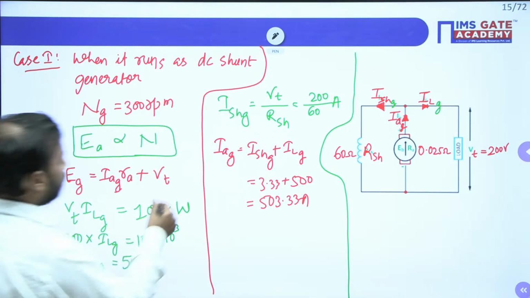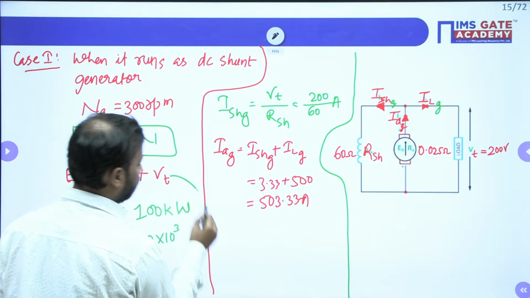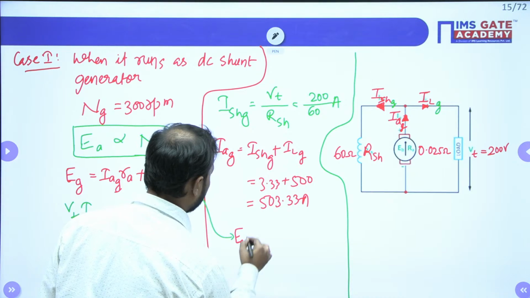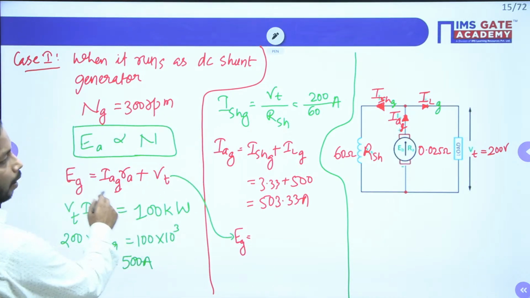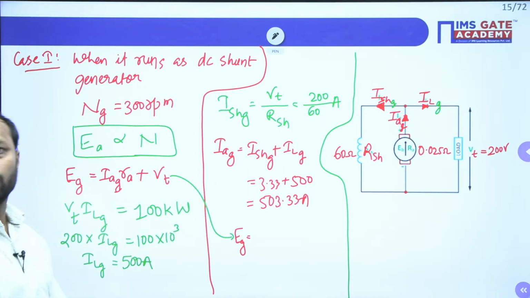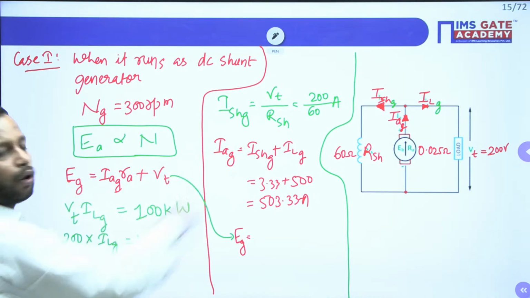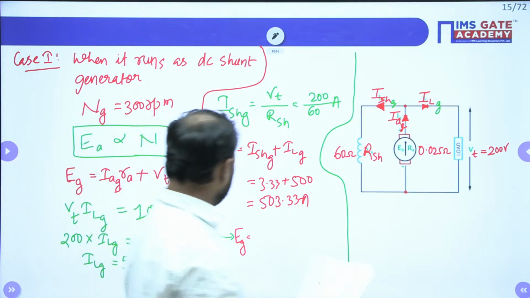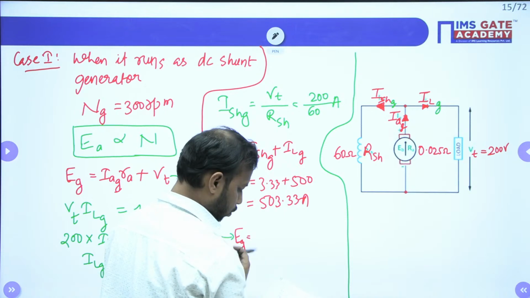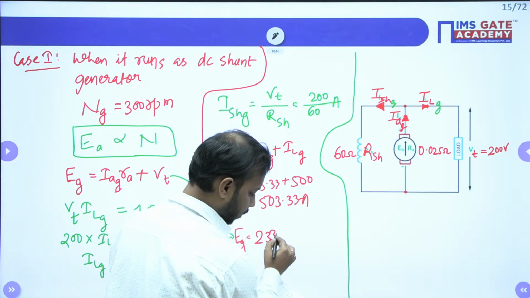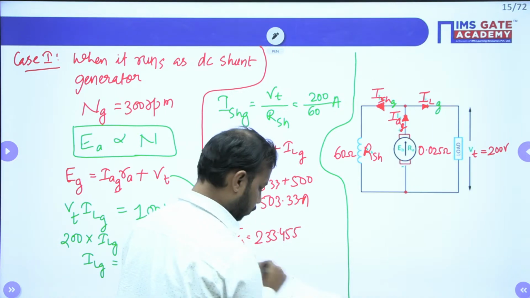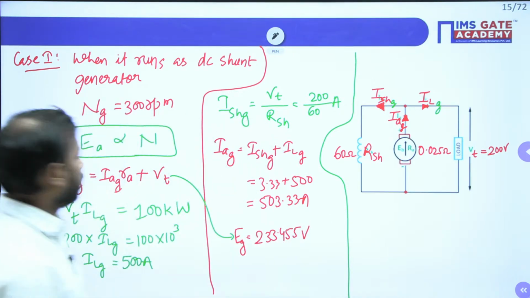Done. So from here, EG will be equal to IAG into RA, which is 0.025, plus VT, which is 200. When you substitute all these values, you will get EG as 233.455 volt. Done, my friend?